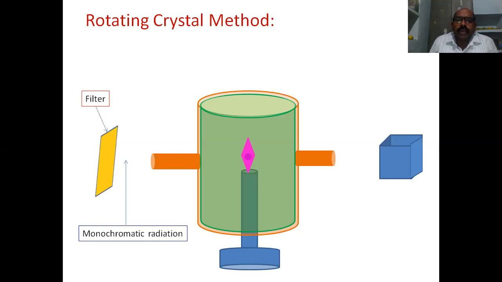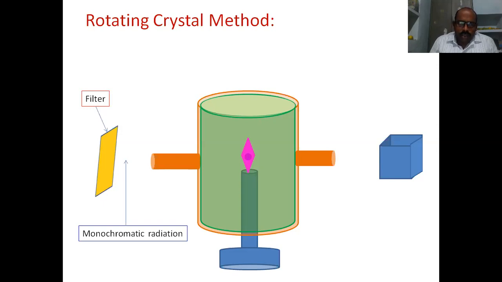In the case of the powder method, it is a polycrystalline sample. We can say very tiny crystals are poured in a capillary tube, so it consists of many crystals. Because of that, we are taking a single crystal here, and we mount the crystal on a goniometer and rotate it.